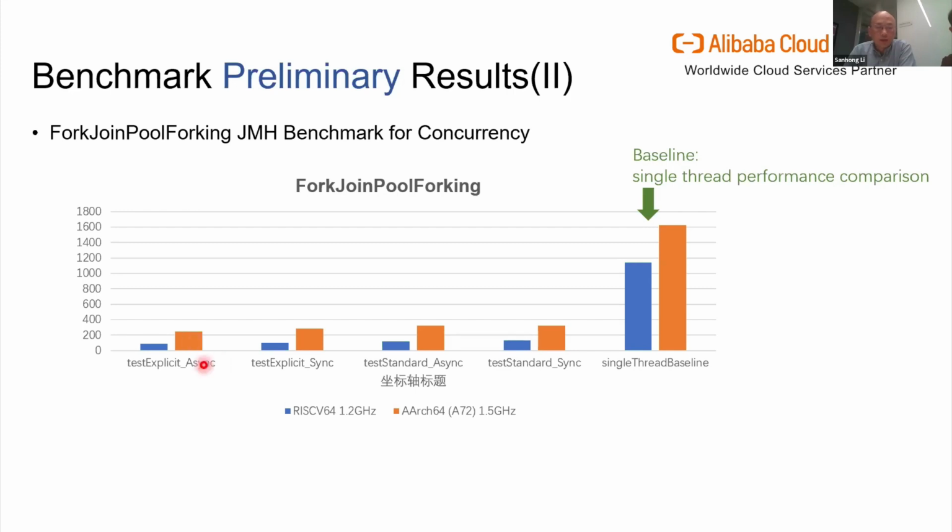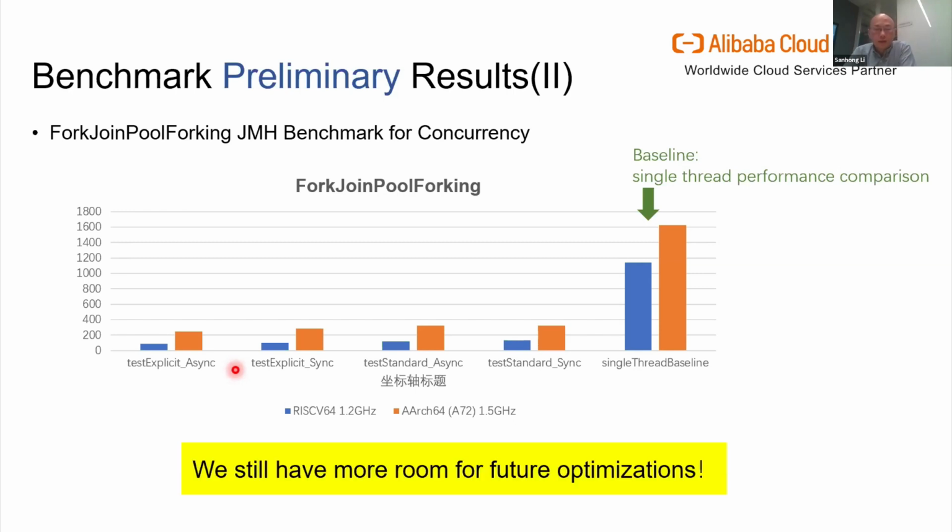So it gave us some idea: there may be some bottleneck in multi-thread execution, maybe atomic instructions or memory barriers or something else. We will continue to investigate these issues and try to find the bottleneck. And yes, we have a lot of room to improve the performance for RISC-V.